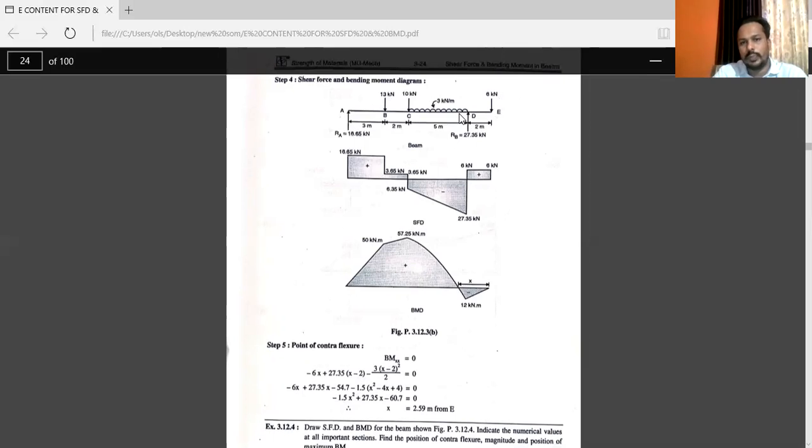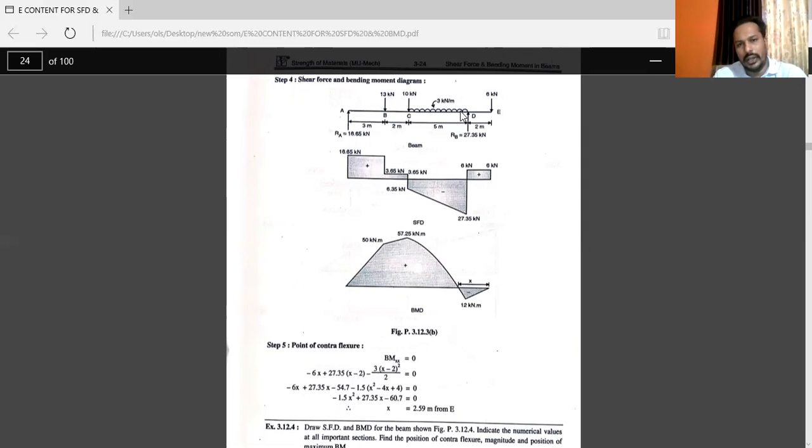another force, that is 27.35. It will move in the sagging condition, but the distance will be X minus 2. So 27.35 into X minus 2, plus next minus. See, X distance is here, and from that X point to D point there is a UDL.